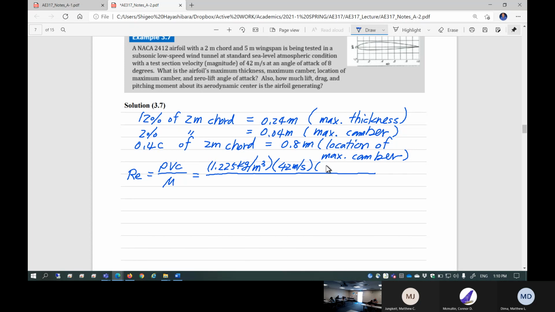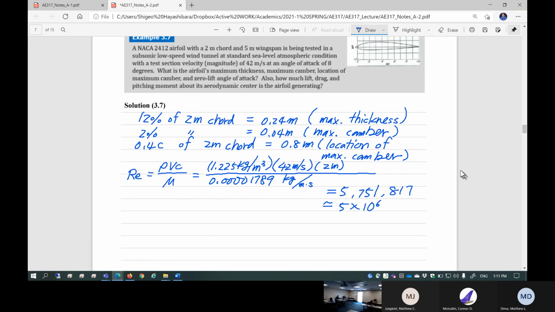Chord length is 2 meters. Viscosity is 0.0001789 kilogram per meter second. If you compute, the Reynolds number is 5,751,817, about 5 times 10 to the 6.